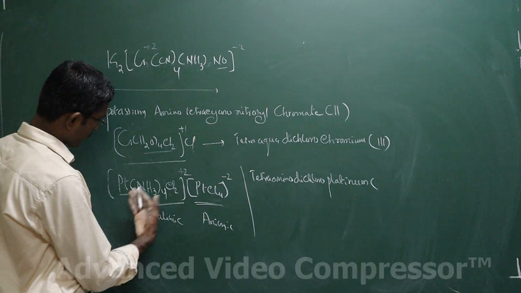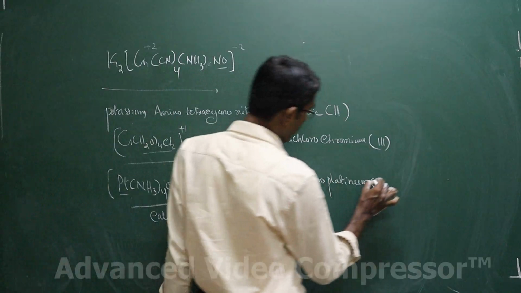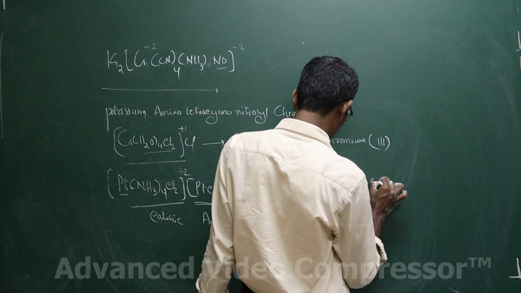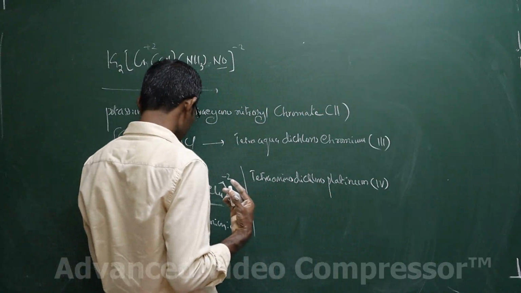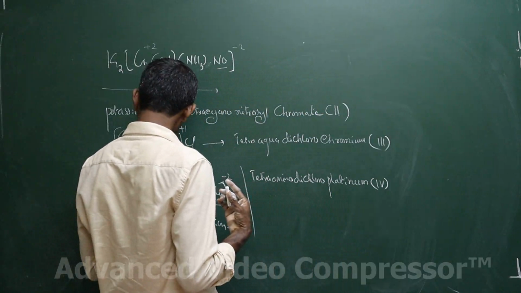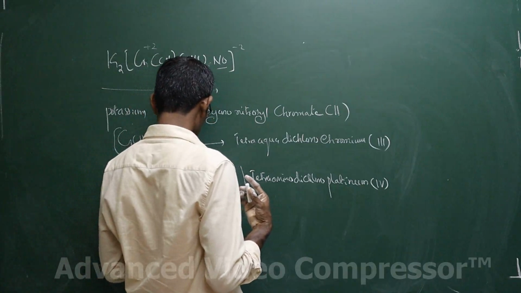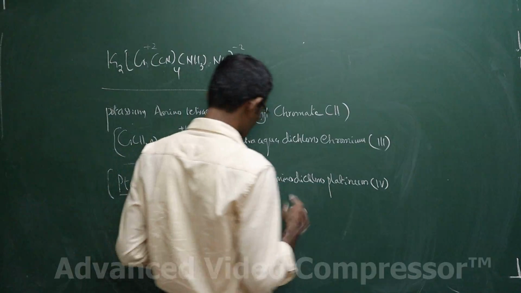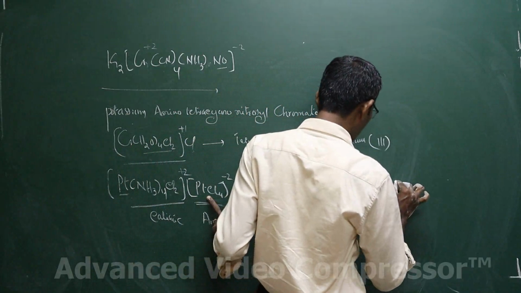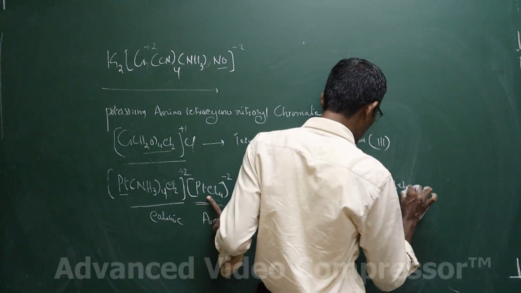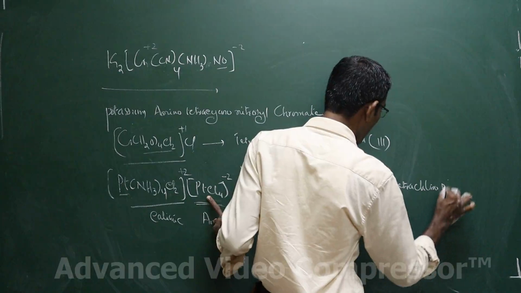So this is +2, which means we need to have an oxidation state for the platinum here of 4. That is tetraaminedichloroplatinum(IV), and this has to be the +2 oxidation state, tetrachloroplatinate(II).